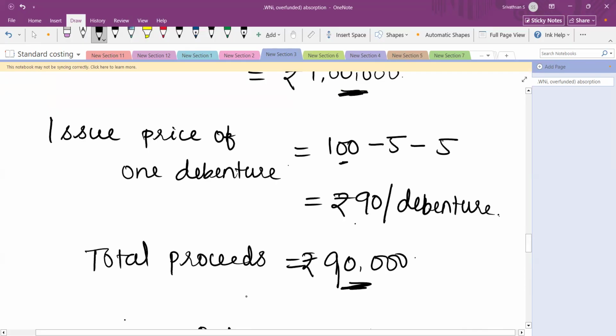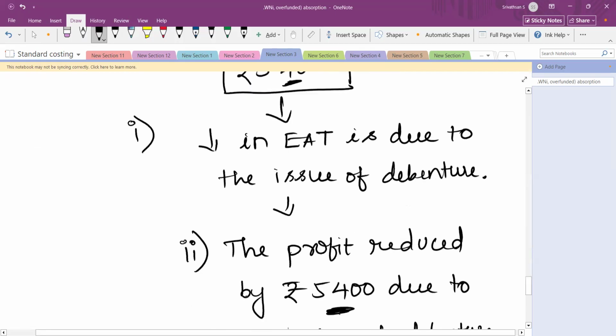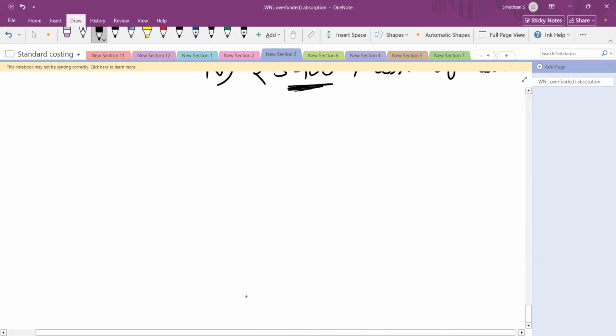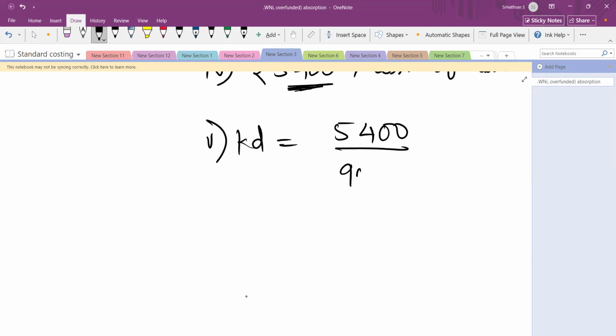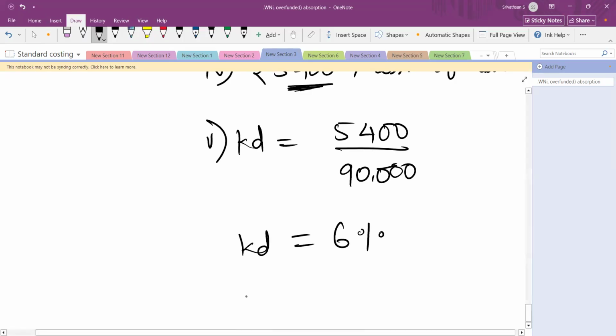So for raising 90,000 rupees of debentures, the cost for the company is only 5,400. So cost of debt of the company is equal to 5,400 divided by 90,000, we get 6%. So 6% is the cost of debt.